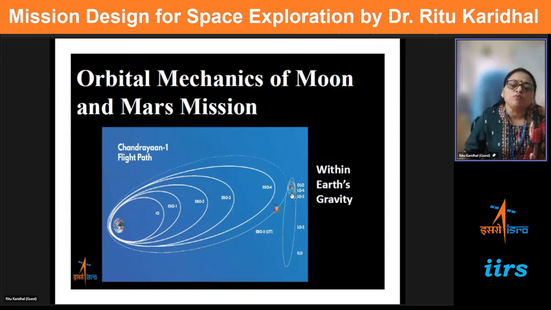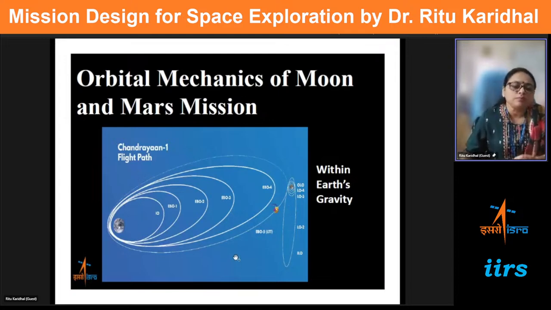For that, we need to go very near to the surface of the moon in a circular orbit. That is how the maneuvers are done. The energies are distributed such that the satellite goes in a circular orbit.